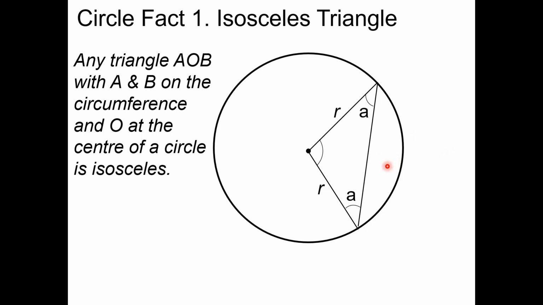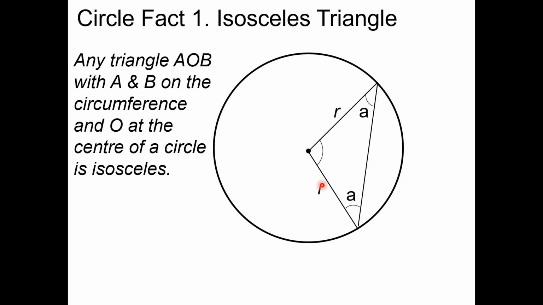We are going to explain. This is the reason. From this point to this point becomes a radius, right? Also, from this point to this point also becomes a radius. Now, if this is a radius and this is also a radius, then they are the same, right? And in an isosceles triangle, two sides are the same, right? And so therefore, this becomes an isosceles triangle.